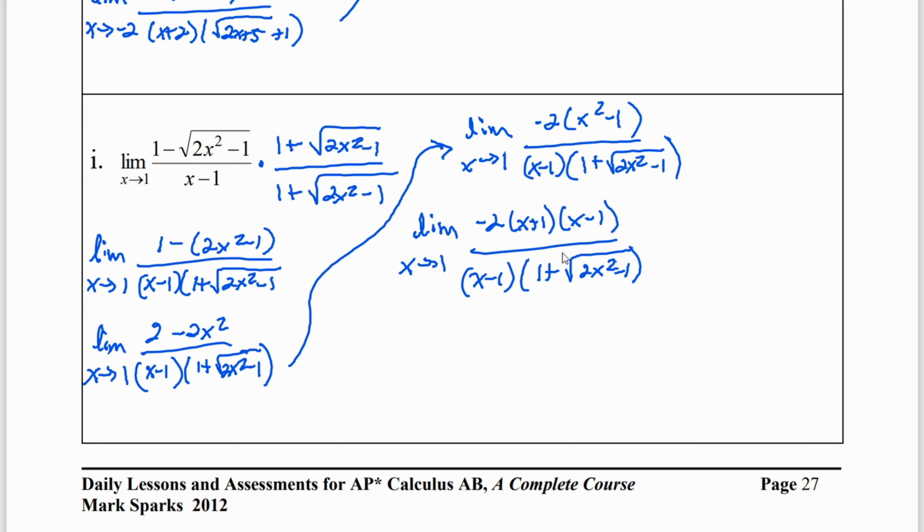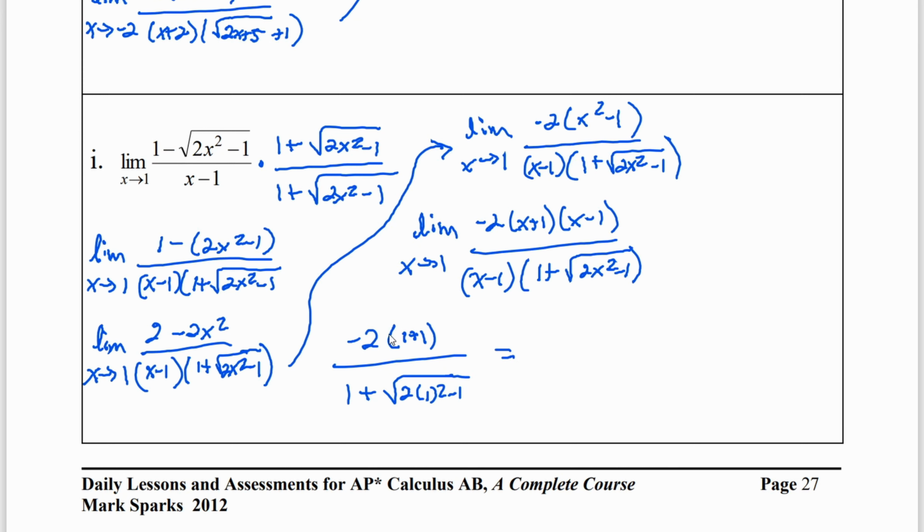So those divide out, and now let's see what happens when I actually make the substitution. So I get negative 2 and 1 plus 1. Then in my denominator, I get 1 plus the square root of 2 times 1 squared minus 1.